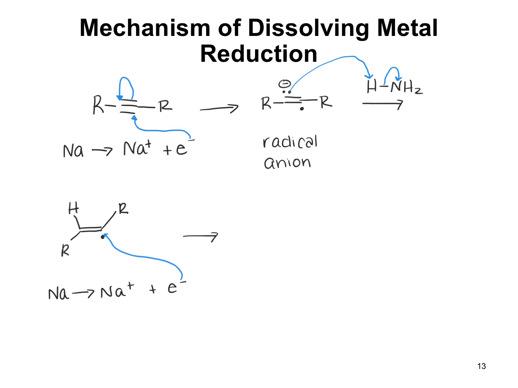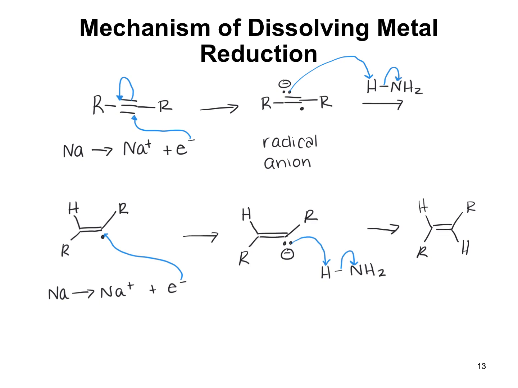And so then you end up with a pair of electrons with a negative charge there. So we just end up with a normal carbanion. And so these electrons now will come down and grab that proton, and those electrons go on the nitrogen. And now we've added the hydrogens in a trans fashion.